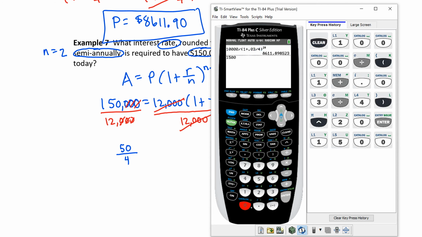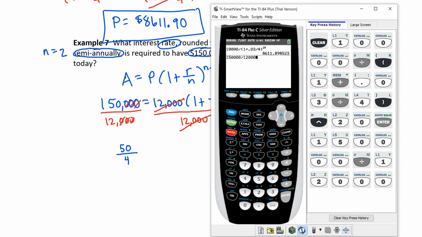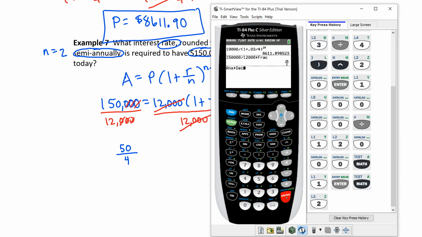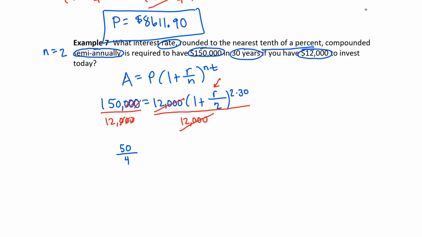Double check your work. 150,000 divided by 12,000. Let's check our fraction. I don't think we reduced it. It needs to go a little further, 25 over 2. And if we want to figure out the decimal there, that's going to be 12.5. So let's just make it easy and call it 12.5. We have inside parentheses 1 plus r over 2, and let's evaluate our exponent to be 60.